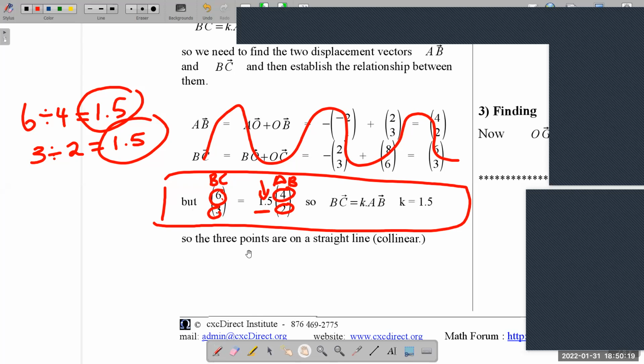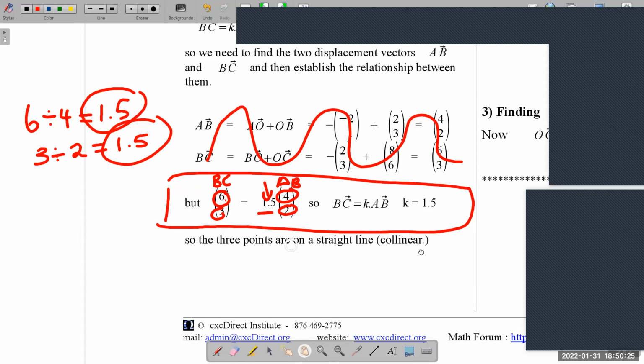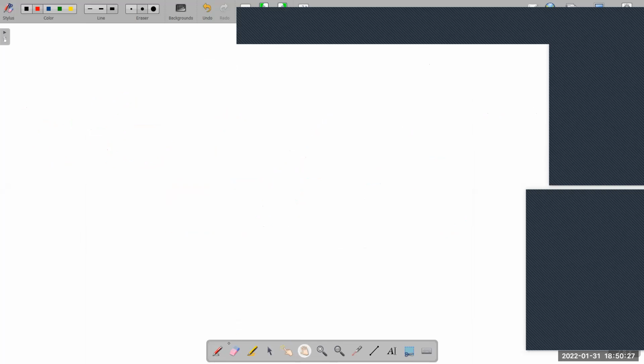Let's try another one. So I'm going to do one on this side and you're going to tell me if it is parallel or not. So let's try another one. I'm going to give you 2. I'm going to give you M and I'm going to give you P. So what you're going to do is determine, it's not going to be an obvious one, obviously, but you're going to tell me if it is parallel or not.